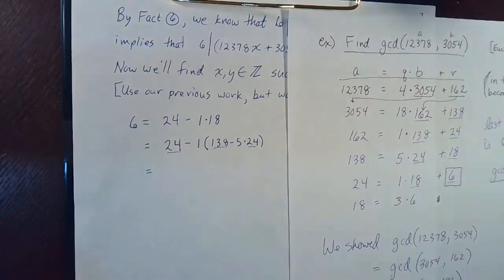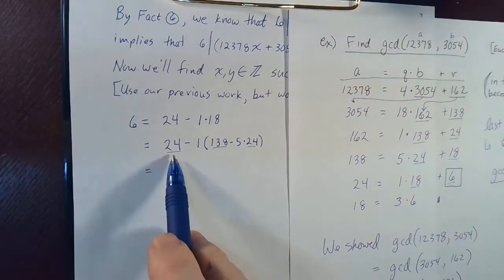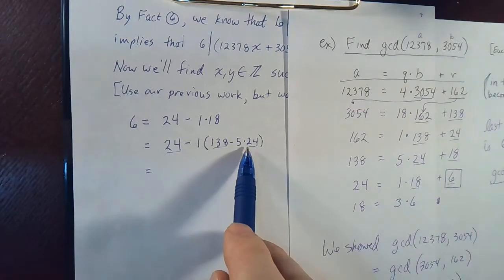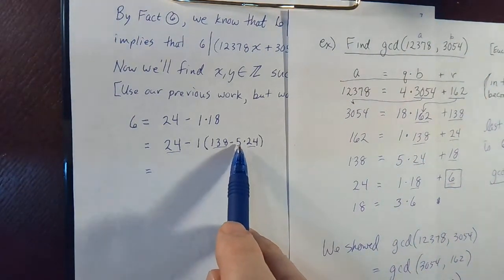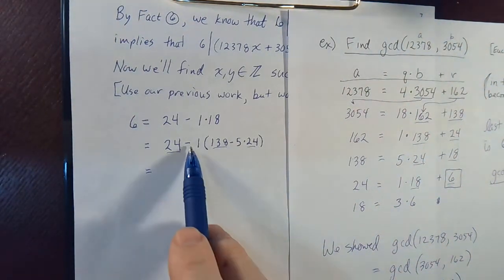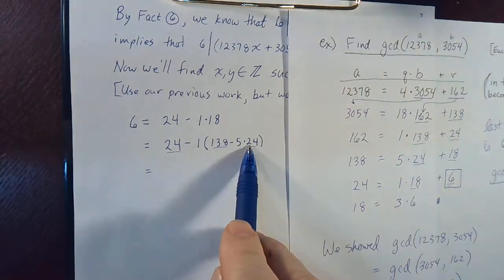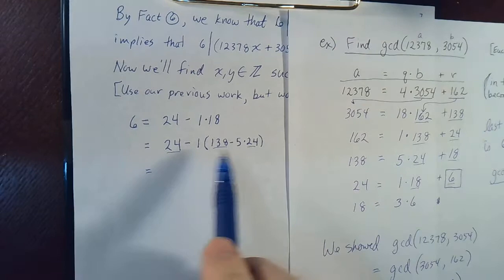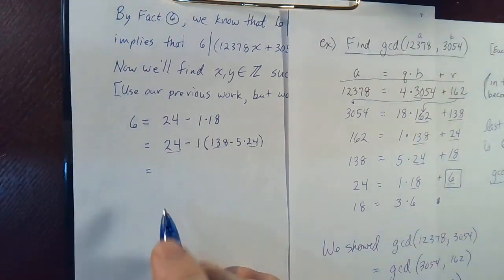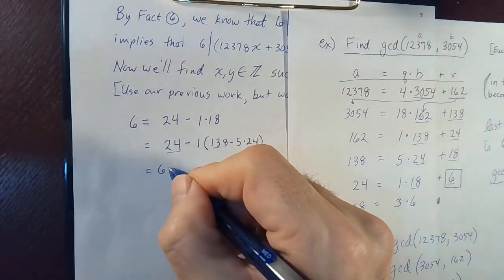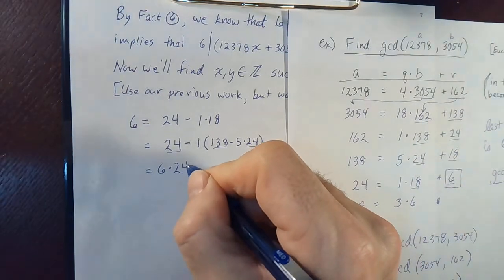We're going to have to think a step or two ahead. I've got 1 times 24 right here. And how many do I have here? It looks like I have negative 5 times 24, but there's a negative 1 in front of it. So that's really a positive 5 times 24. So if I simplify this, I actually have 6 times 24.